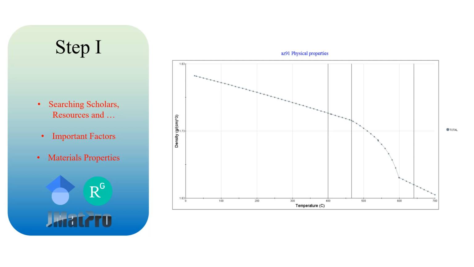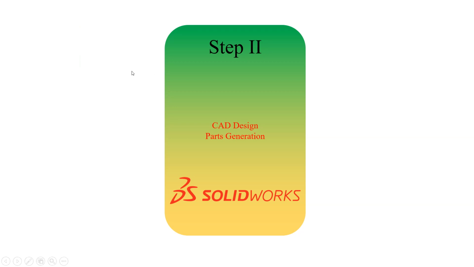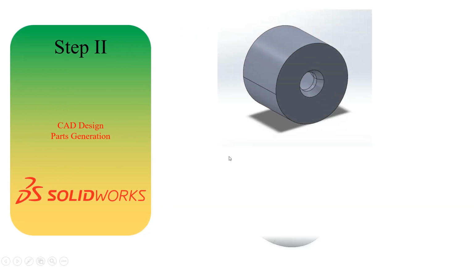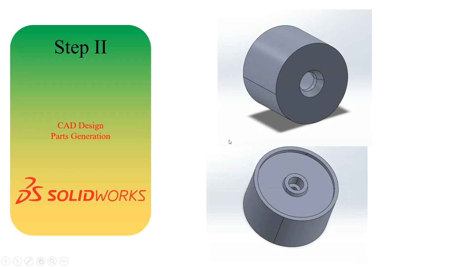For the second step, you have to design parts or components in your process. As I showed you, our process includes many parts or objects. So you have to design these parts in CAD software. I'm familiar with SolidWorks, so I will upload videos about this software, from introduction to how we can use its features to design our parts.